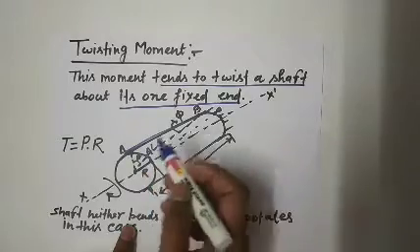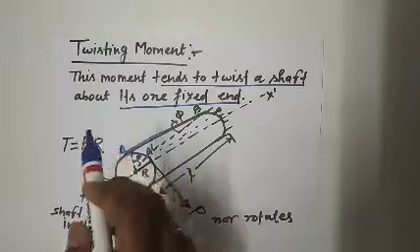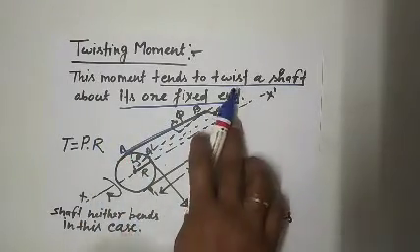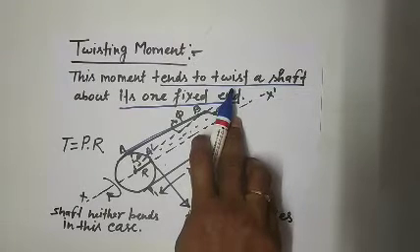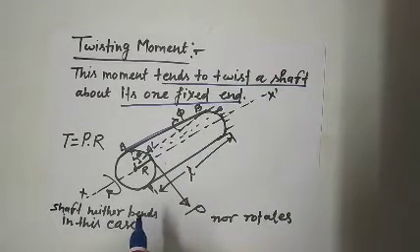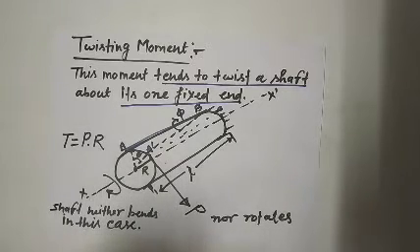Clear? But what is twisting moment? When we are talking about twisting moment, then this moment tends to twist a shaft about its one fixed end. Clear? But during the analysis of the shaft, we generally assume that turning moment or torque and twisting moment are the same. Clear?